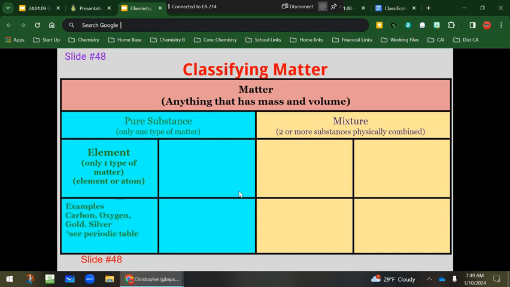So examples: carbon, oxygen, gold, silver, anything that's on our list of 118 elements on the periodic table. So you can have 118 examples of that.